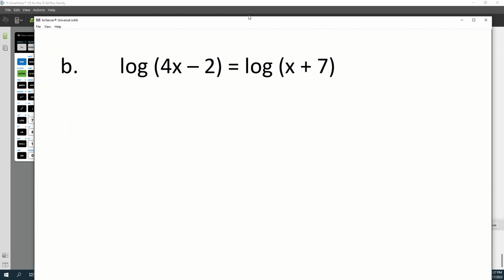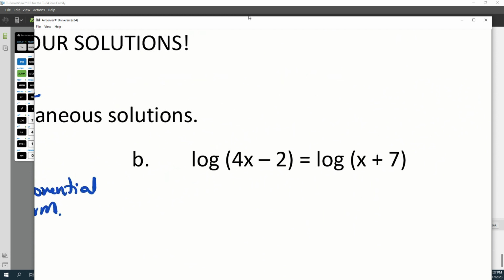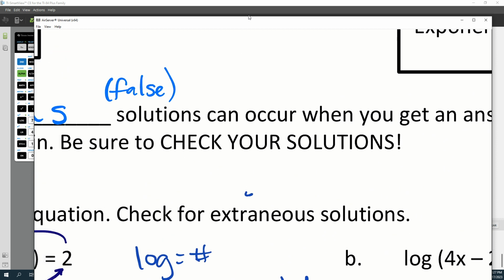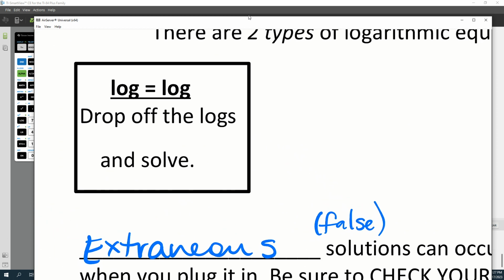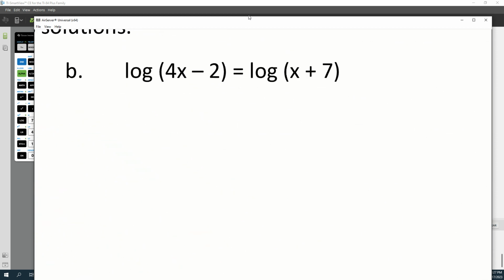Right, when we look at B, the logarithms are already isolated, and this one is definitely log equals a log. And when we have log equals a log, you just drop off the logs.